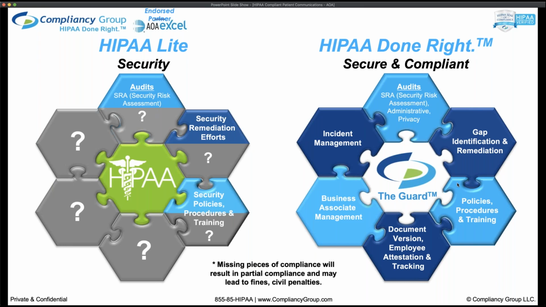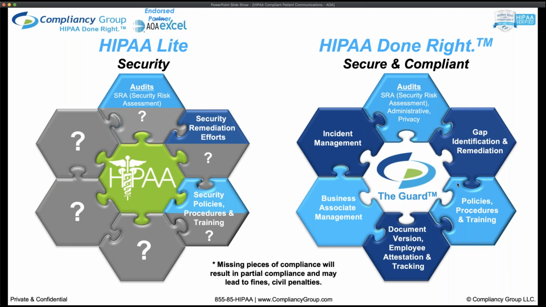Buying off the shelf, or my local association gave me a binder, that's fine. Did you take the time to customize that binder, or even if your lawyer did it, or if you're using one of the online services where you fill out a couple of questions and out pops your policies and procedures, be very careful, because if they don't accurately reflect your business, you will get fined. Training, you are required.